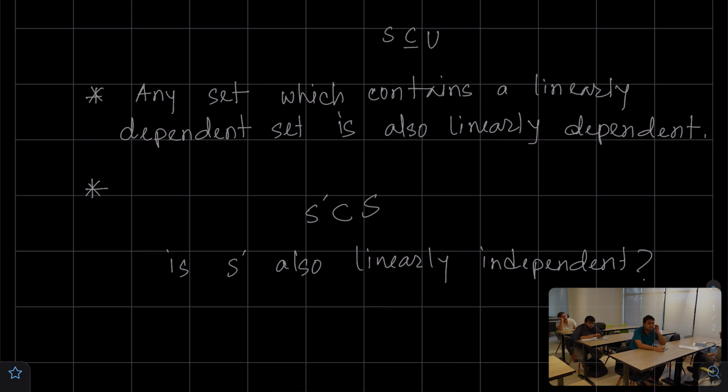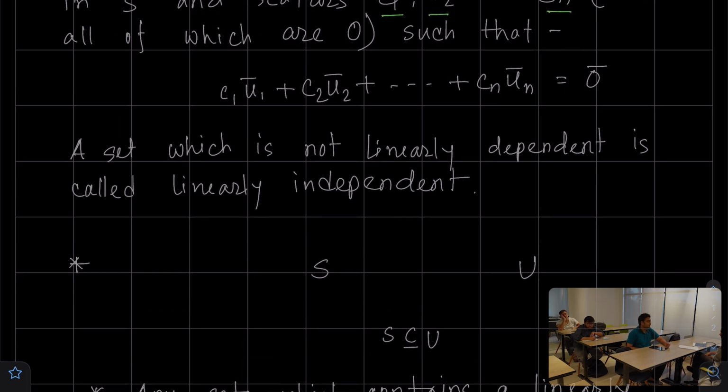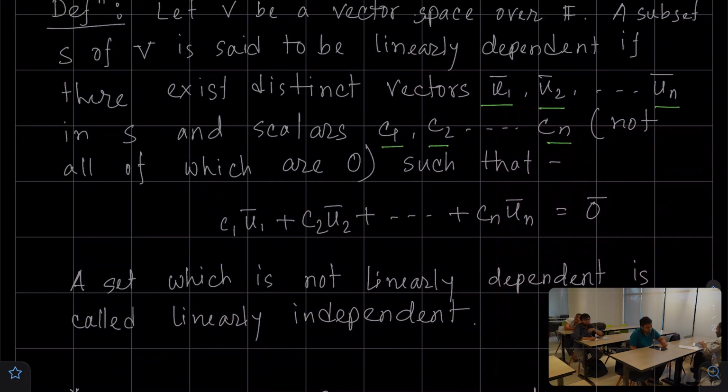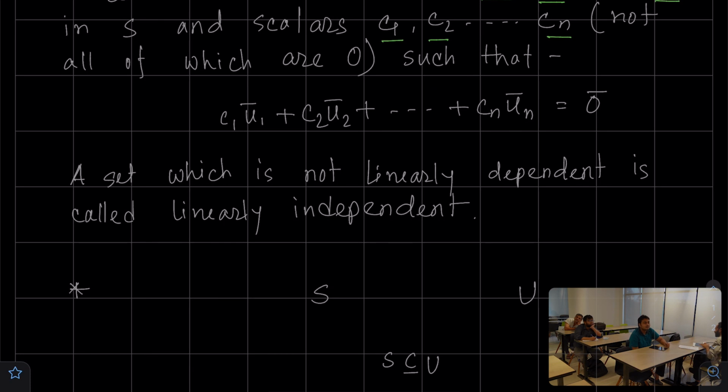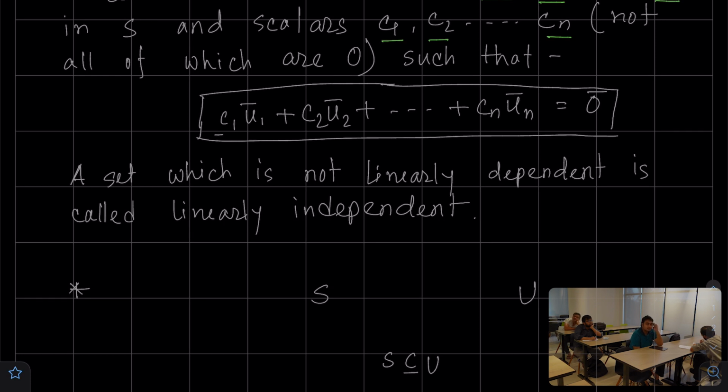Why is that? Another condition has to validate that. So what is the definition of linear independence or dependence? Yeah. So this has to satisfy, right?